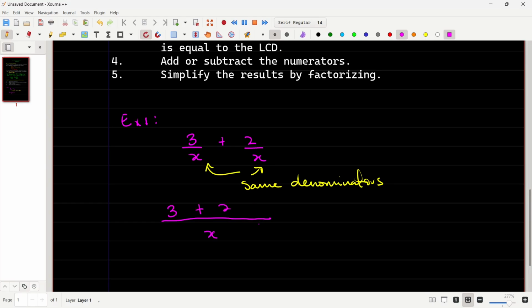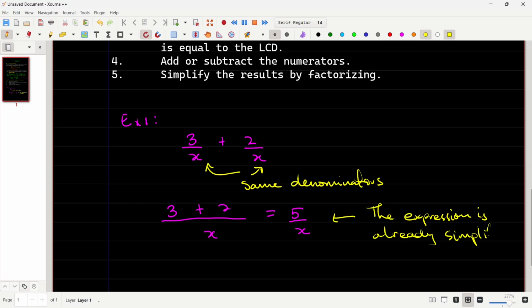And then the answer would be, what is that, 5? So 5 over x. All right? So the expression is already simplified. So we don't need to do anything like factorize the top and the bottom and simplify.